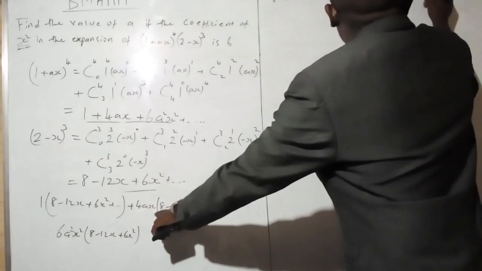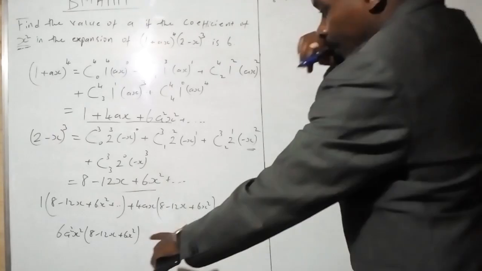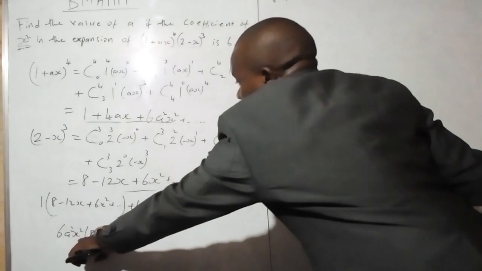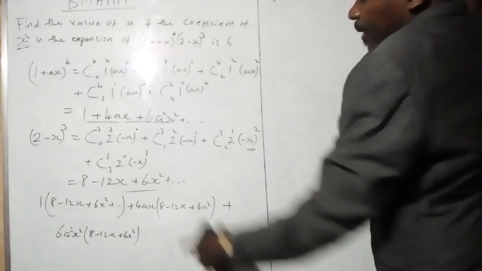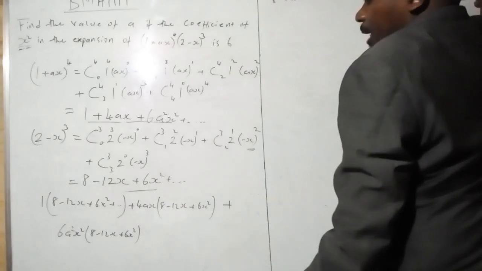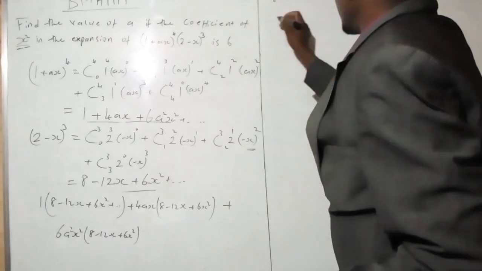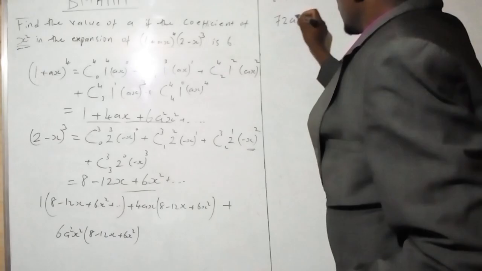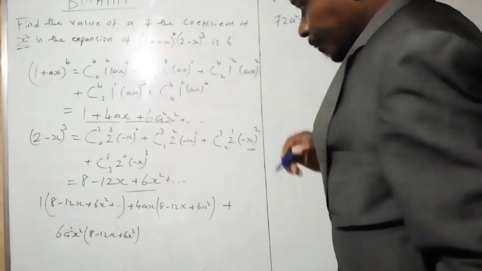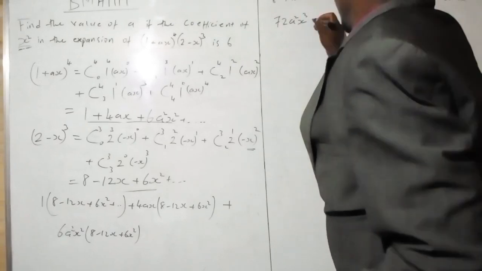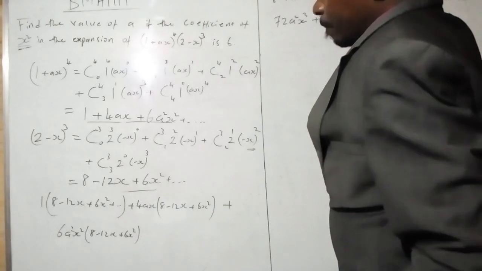Now we have 6a squared x squared times 8, which gives 48a squared x squared, then minus 12 times 6 is 72a squared x cubed, then plus 6 times 6 is 36a squared x to the power 4.